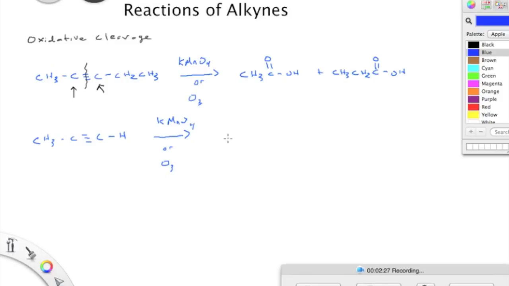It gives us one carboxylic acid that's going to be from this portion of it. So we end up with this carboxylic acid. And then the other portion of it, we end up with CO2, which you can imagine will bubble out of solution because this is a gas. And so this one gives you the carboxylic acid.